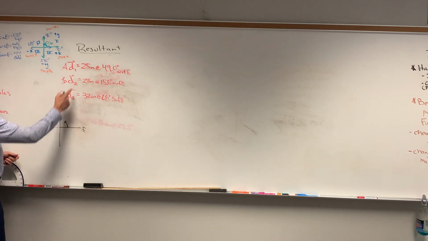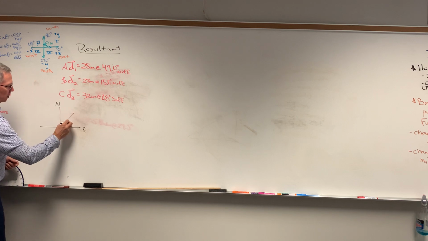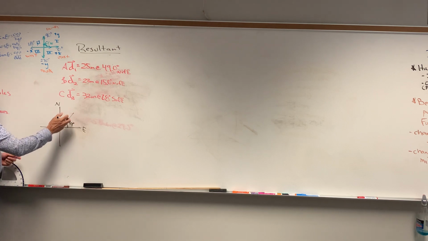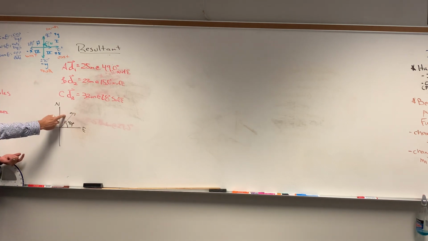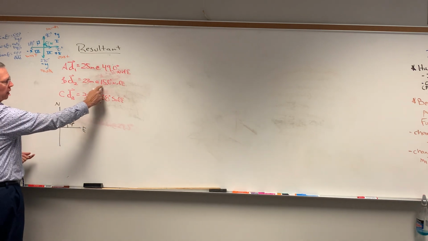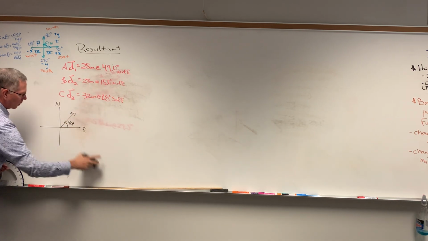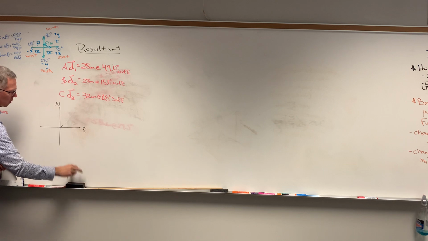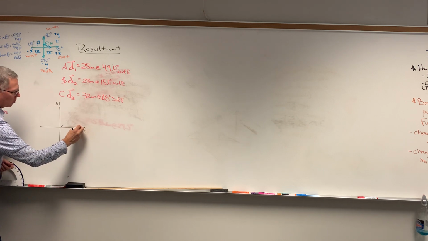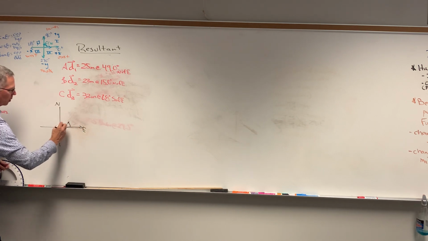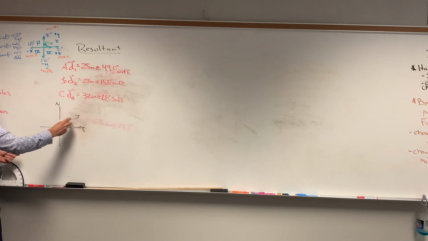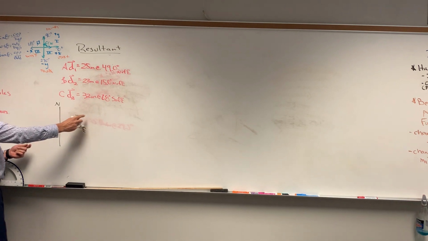So the first vector is 49 degrees north of east, so it's in this first quadrant. The next one's 15 degrees north of east. So again, you start with east and you go up north. It's also up here in the first quadrant.